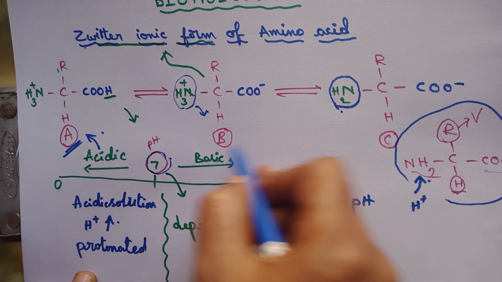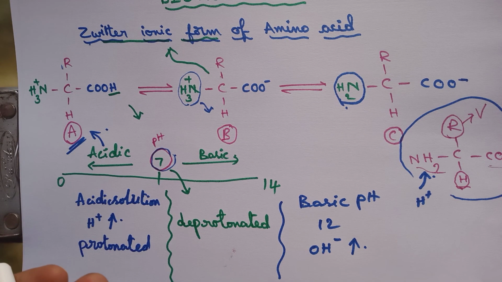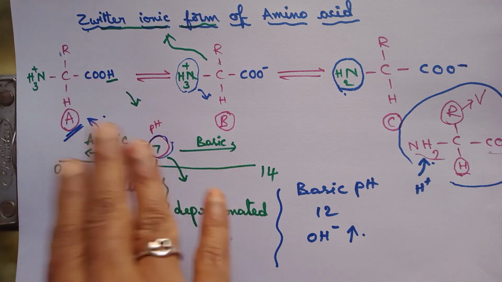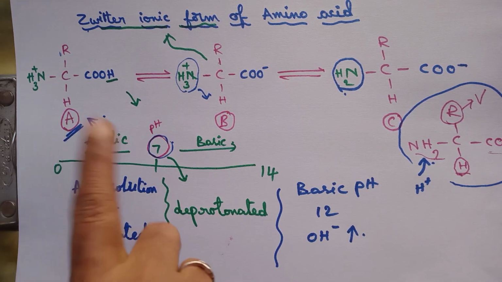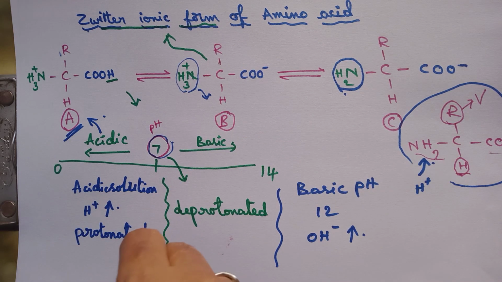So these are the 3 forms of amino acid given in NCERT, and this is the reason why they form different structures. So we can conclude that in solutions of different pH, the structure of the amino acid changes from one form to another, that is from A form to B form and B form to C form. I hope you understood this concept.